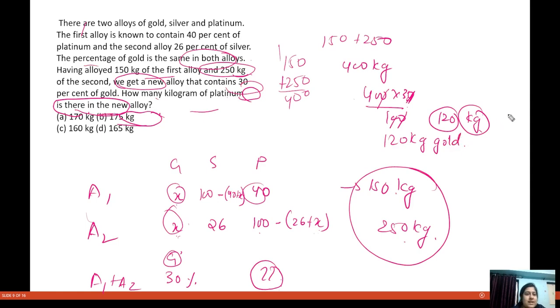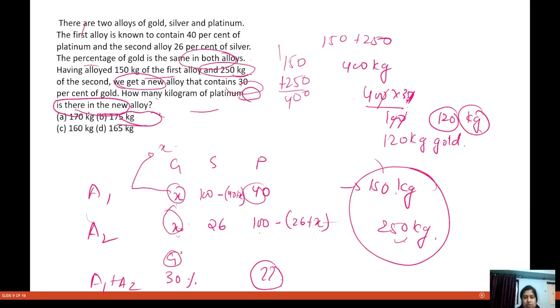Now it is saying the percentage of gold is same in both alloys, so we can't do this. This has contributed X percent according to 150 kg, and this has contributed X percent according to 250 kg. So don't just divide this into half and put 60 and 60 here.